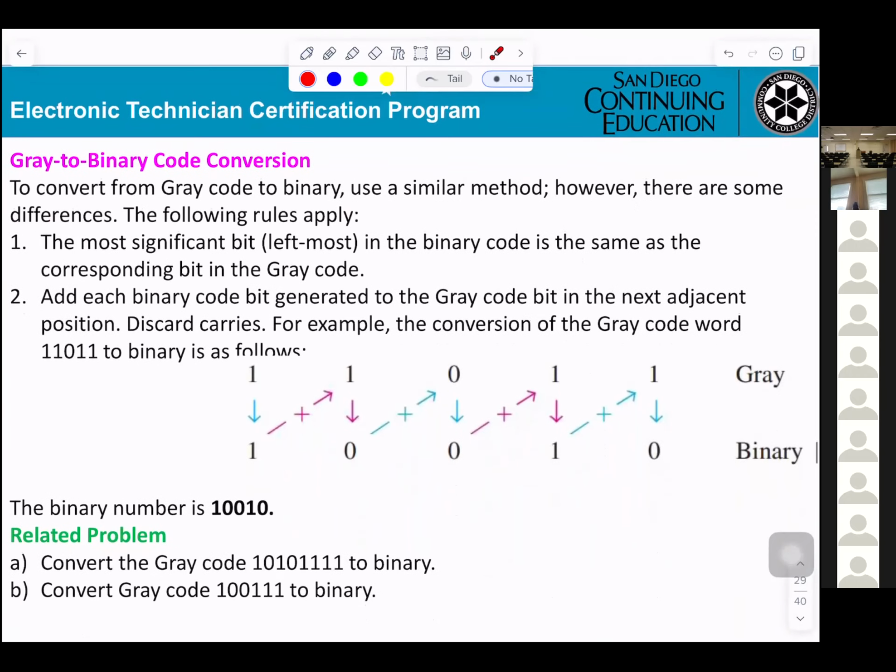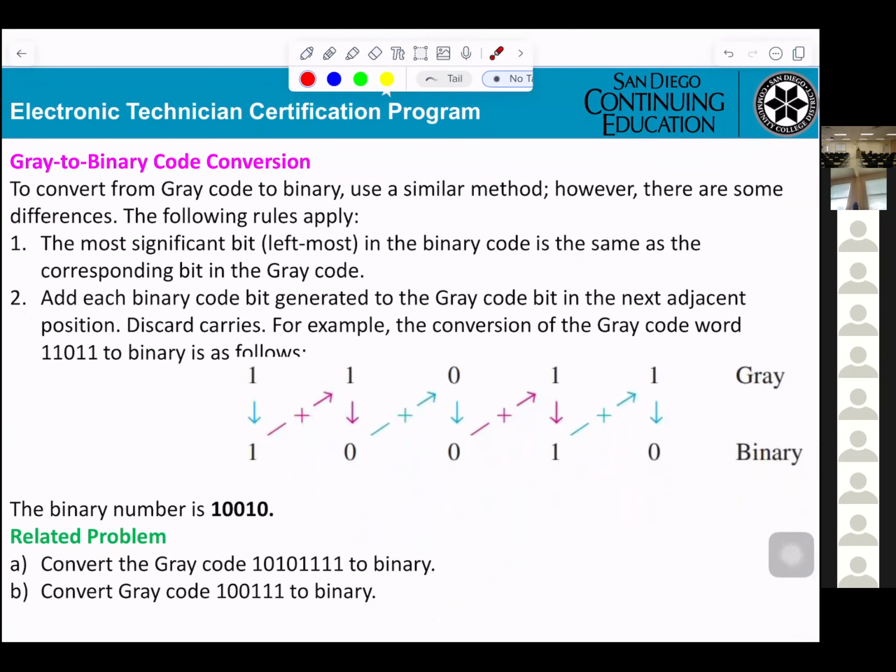Okay. Now, the next one. You get the gray code. They want to change to binary. Now, 1 1 0 1 1. It's a gray code. If you want to change to binary, first thing, you put the first one here.